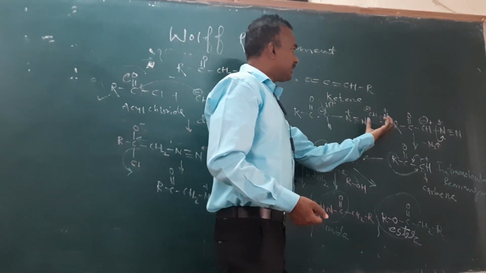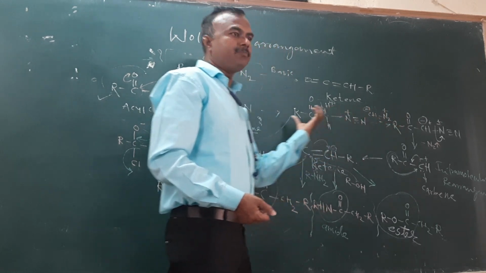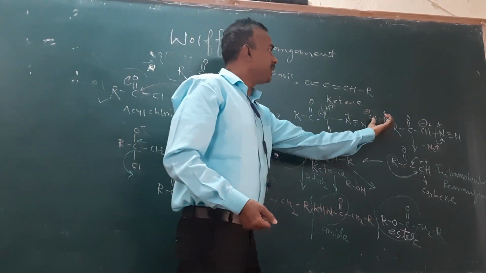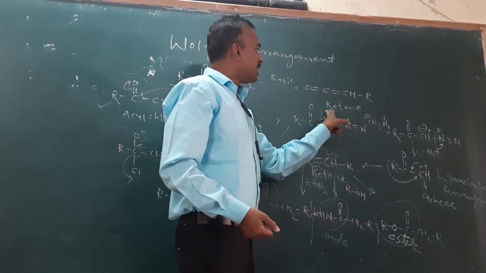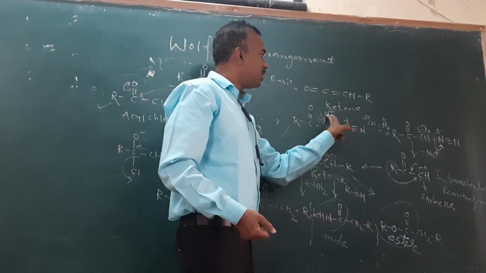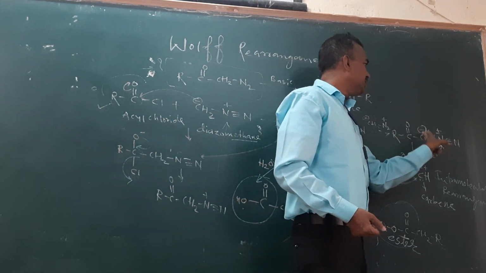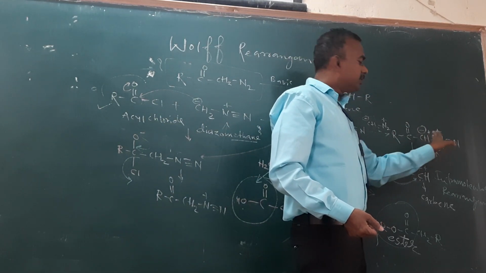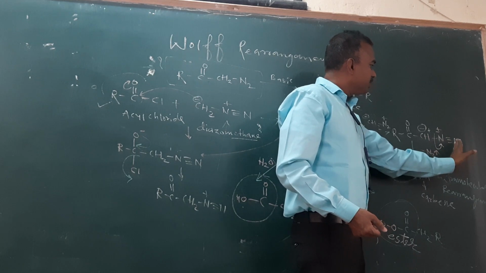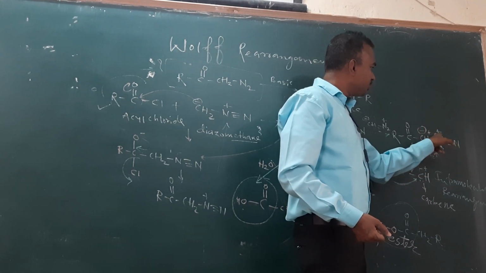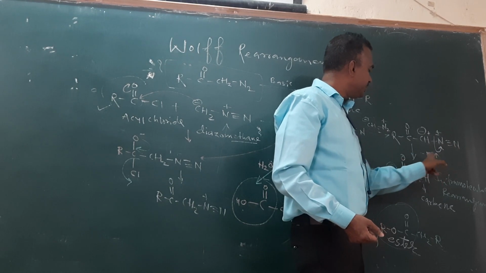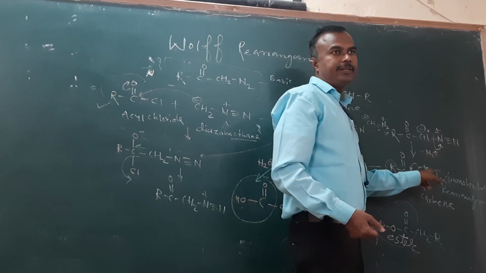The second step, add again the same reagent as a base which will abstract a proton. After abstracting this proton, we will get CH negative here. Then in one step, that N2 will get eliminated. After N2 is eliminated, it becomes positive and negative.